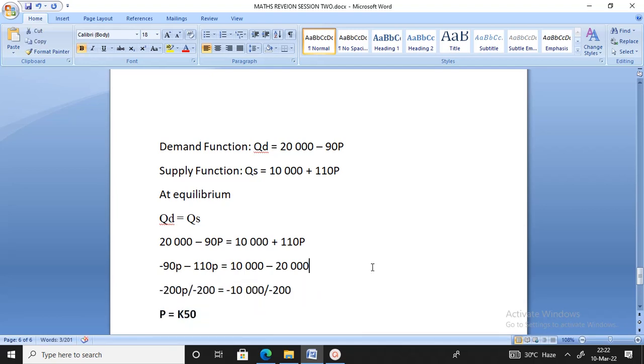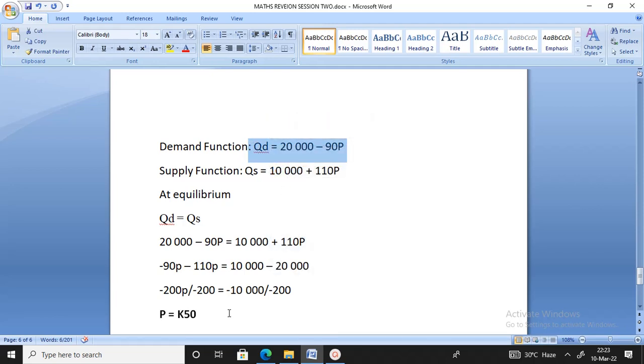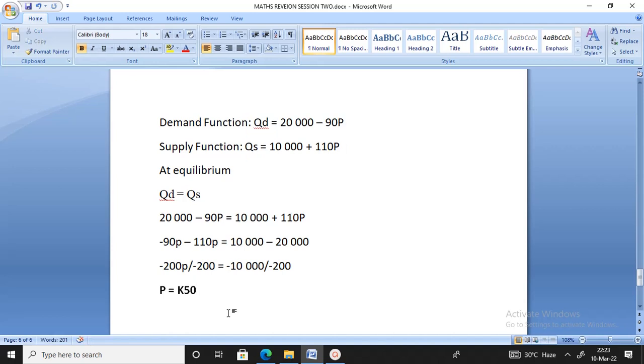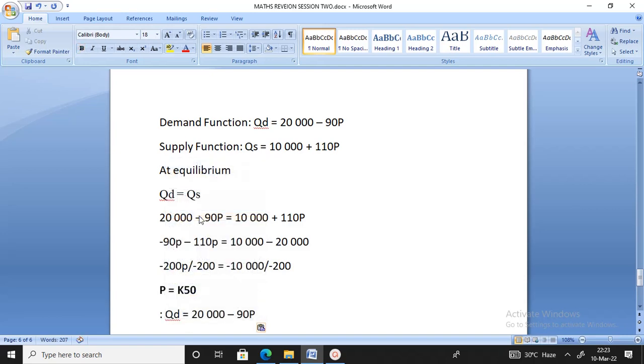So we are told to calculate the equilibrium price and equilibrium quantity, and we know that at equilibrium the quantity will be the same, so it doesn't matter which equation you use. At equilibrium, quantity supplied equals quantity demanded, so you can take any function. In this case, I've taken the function for quantity demanded.